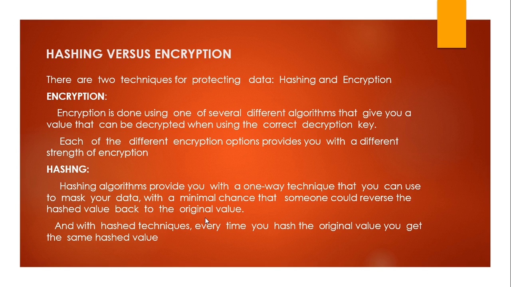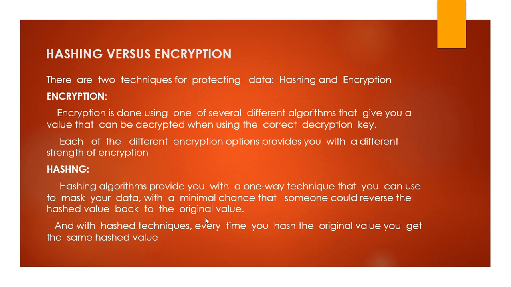Hashing. Hashing algorithms provide you with a one-way technique that you can use to mask your data, with a minimal chance that someone could reverse the hashed value to get back the original one.